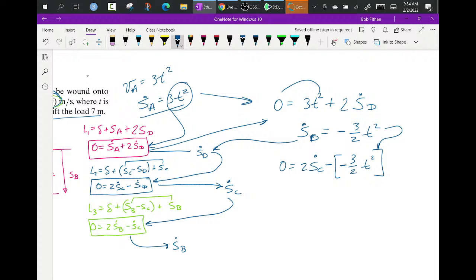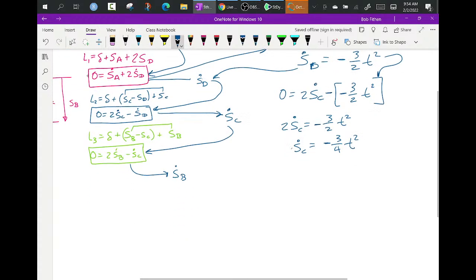I move it to the other side and get 2 SC dot is equal to minus 3/2 t squared. Take that 2 back out and I get SC dot is equal to minus 3/4 t squared.